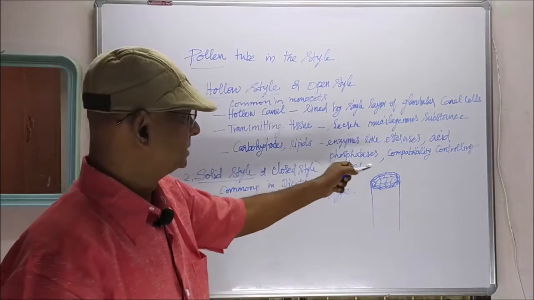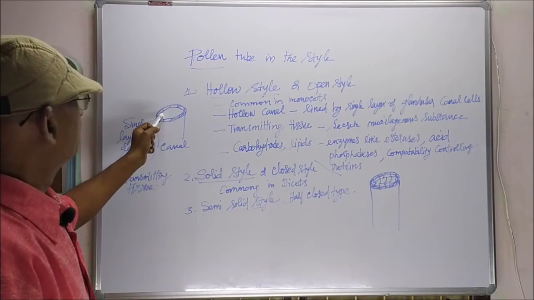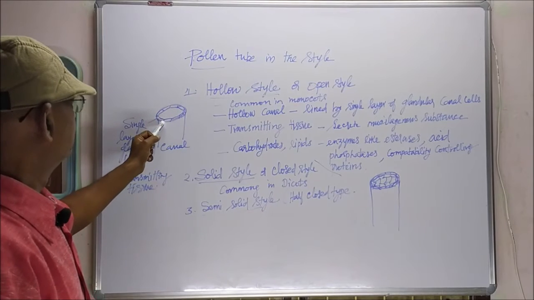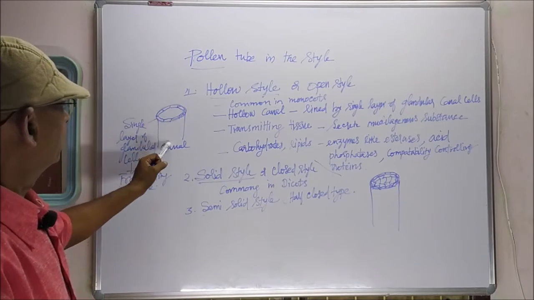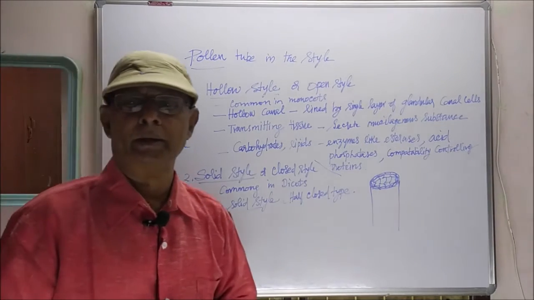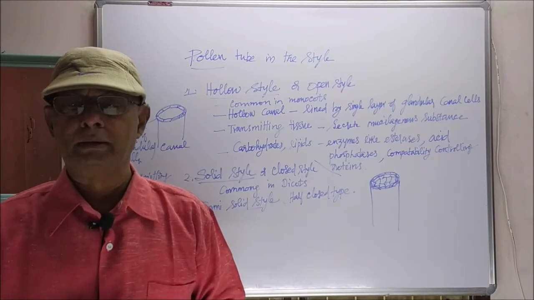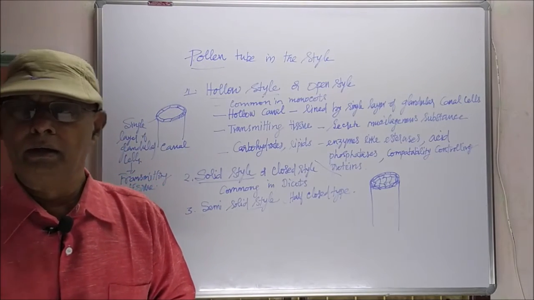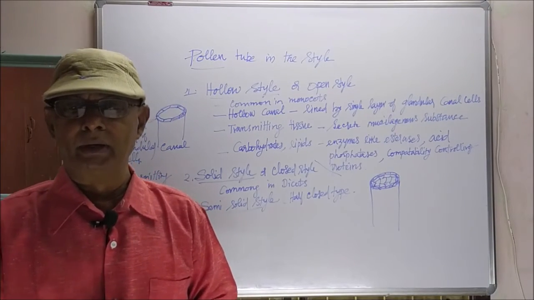No vacant place inside. Here, completely vacant place that is surrounded by a uniseriate layer, or a single layer, of glandular canal cells called transmitting tissue in general. But here the central core contains elongated, highly specialized cells and the transmitting tissue.